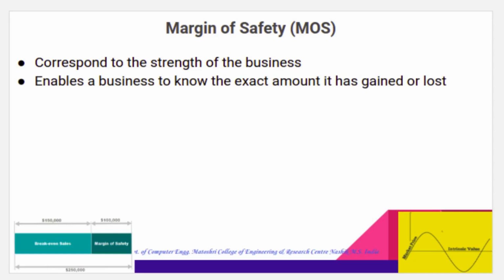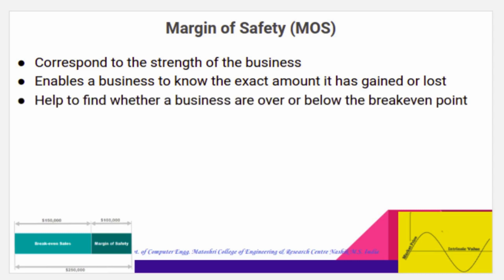Margin of safety enables businesses to know the exact amount it has gained or lost. The margin of safety is the portion of the sale revenue that generates profit for the business, because the sales volume achieved at the break-even point can just cover the cost and does not bring any profit.